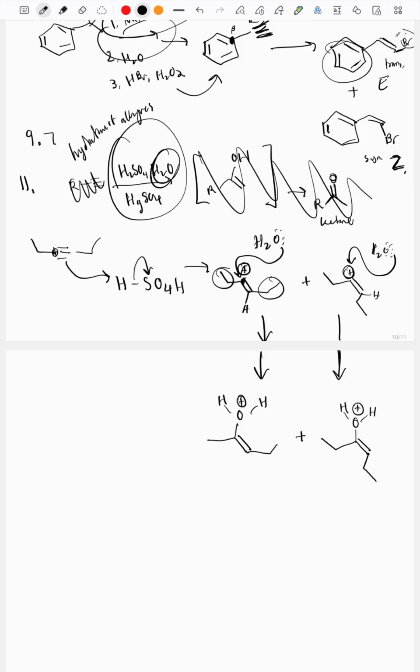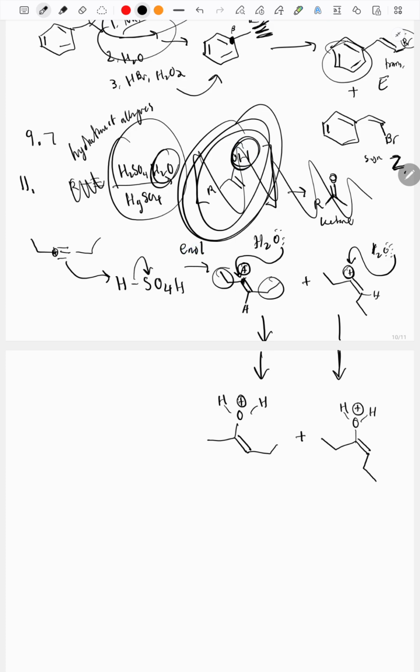And basically all you will do is try to make this into what we call an enol. This one we saw here was considered an enol because it has the alcohol. So we will grab another water molecule, deprotonate this time, dump it onto the oxygen, and neutralize the compound of our interest.